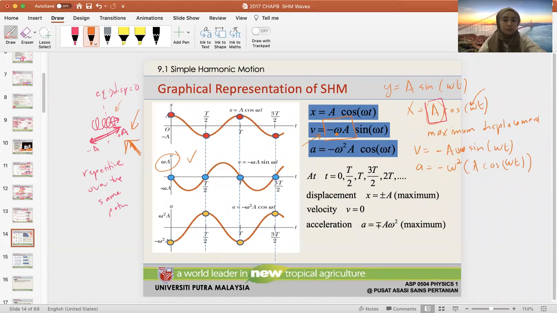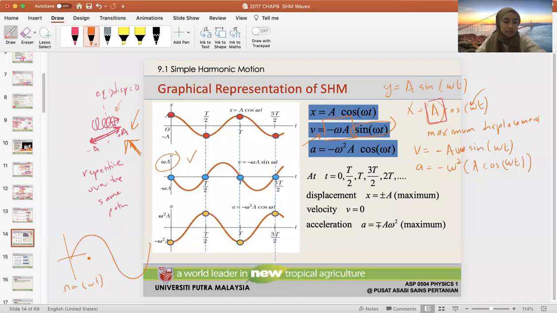Okay, so the amplitude is minus omega A, and the bentuk graph dia is sine. Sine bentuk dia, it starts from 0 to negative. This is a normal sine omega t. Now it's a minus omega A, so dia akan terbalik sebab dia minus.